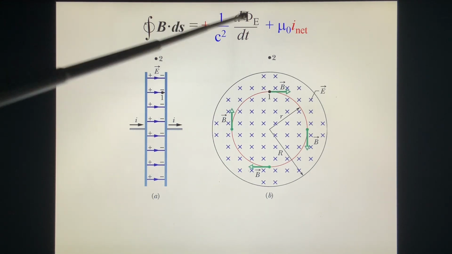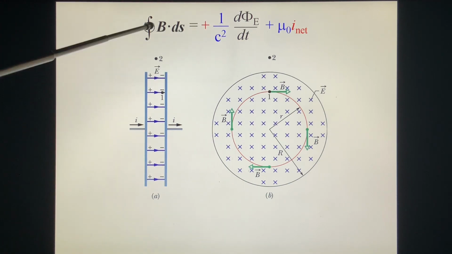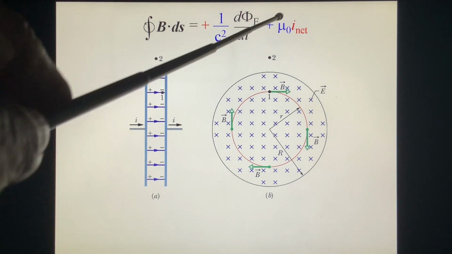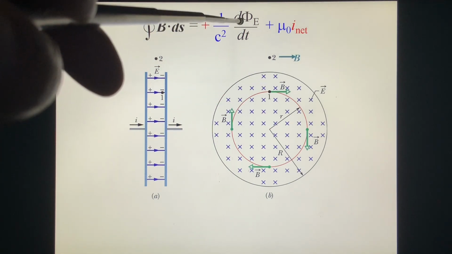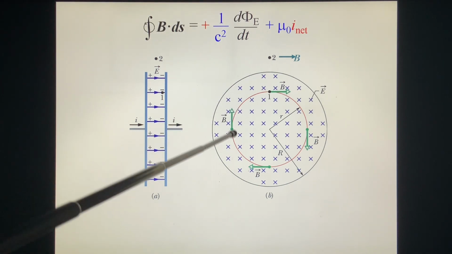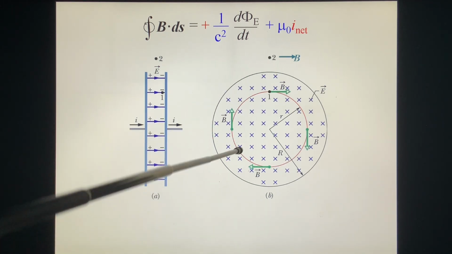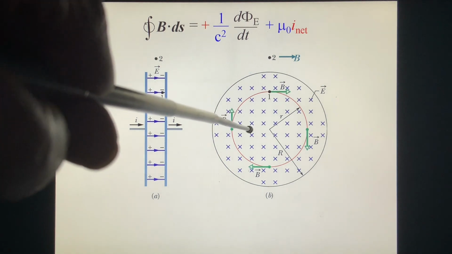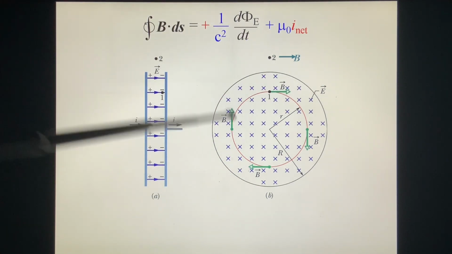The flux E changes with time, then you will induce B. Inside this one we don't have net current. This is 0. And we see when this one increases, according to the Gauss law, it's not against it. So the current goes in this direction, so you have a B. Same thing as increase.